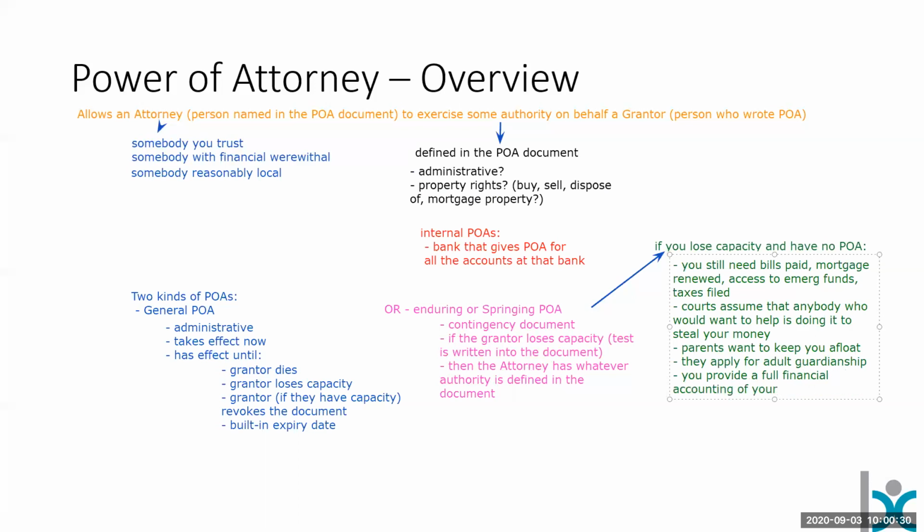And this is a publicly available document now. To me, that alone is motivation to get this squared away in advance. Because what can happen is the parents apply for adult guardianship, they give that full accounting, then you have somebody who's making an accusation in the ballpark of what Lonnie just talked about.